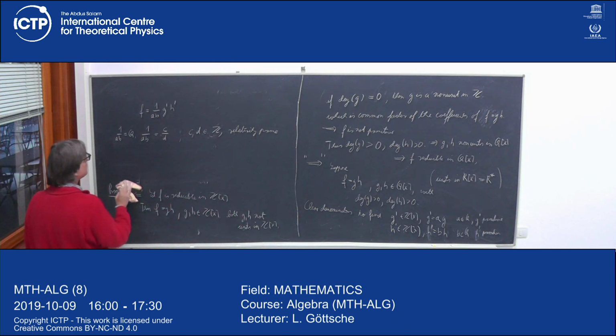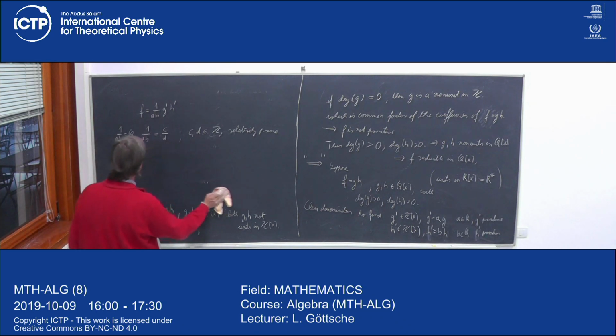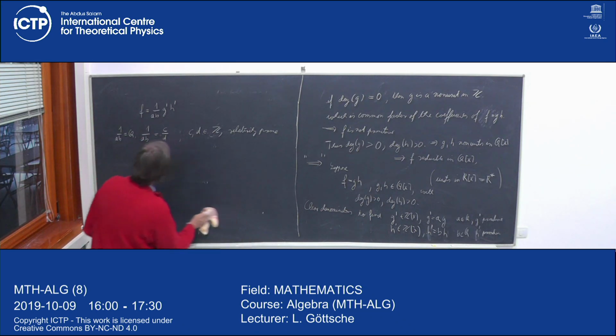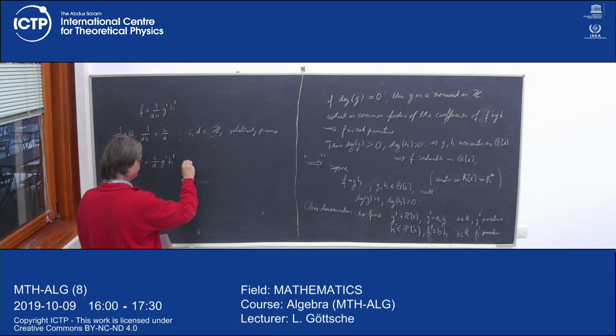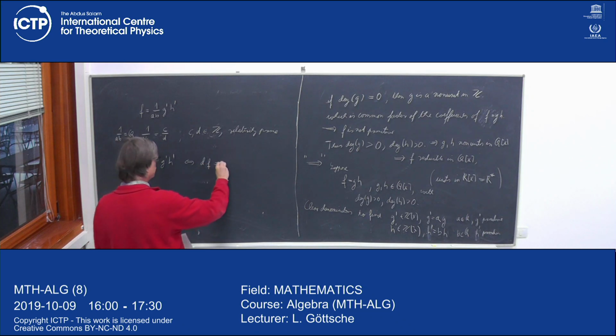So in other words, we have F is equal to C divided by D times G prime H prime, or equivalently, D F is equal to C times G prime H prime.